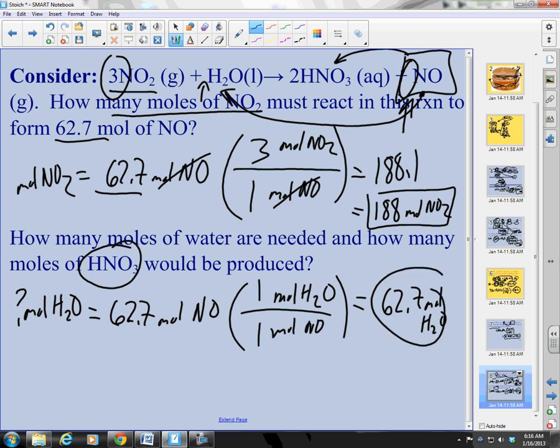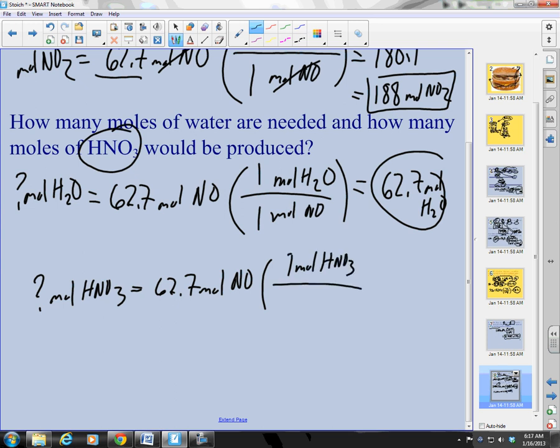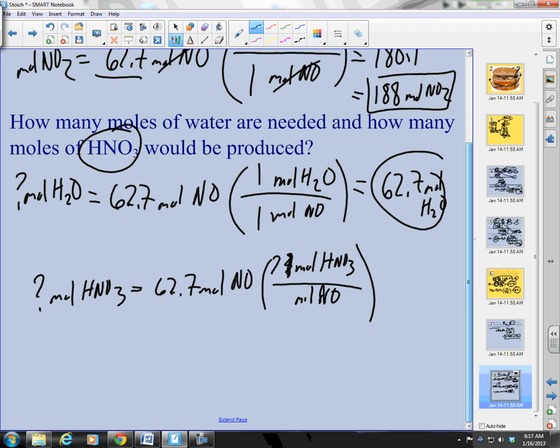And then how about the next one? I want to know moles of nitric acid, which is equal to 62.7 moles of NO times what? I have to look up at my equation. What's my ratio? Nitric acid has a 2 in front of it. 2 moles of nitric acid.